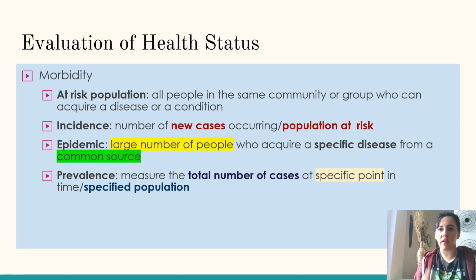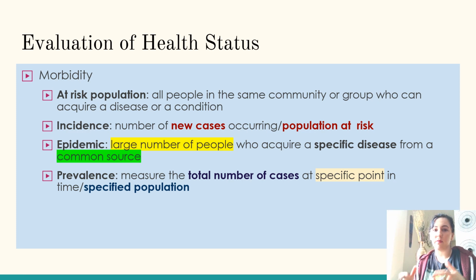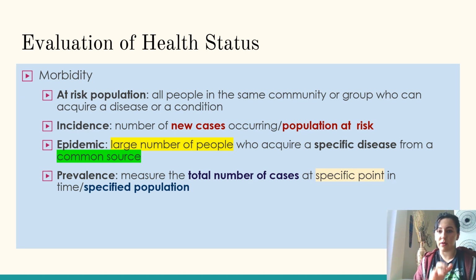This would be all the people in that same community or group who are able to acquire a disease or condition. Whatever disease you're trying to focus on, you look at that particular community and try to figure out who is actually at risk of acquiring it.